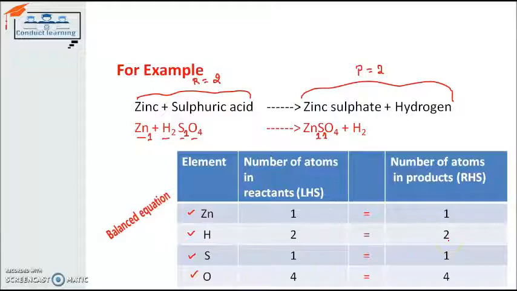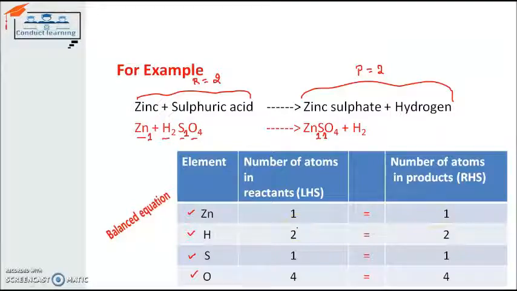So in this way I look at this table and I found that the number of atoms of each element on the reactant side is equal to the number of atoms of that element on the product side. Zinc has 1 atom on the reactant side, the same on the product side.